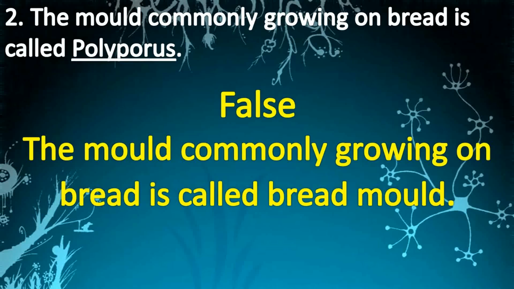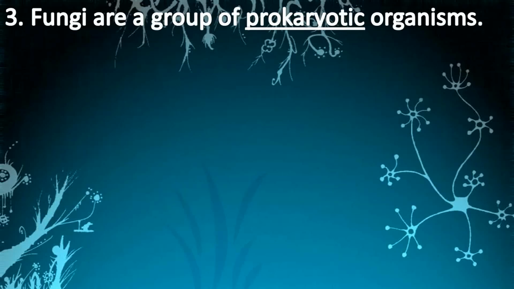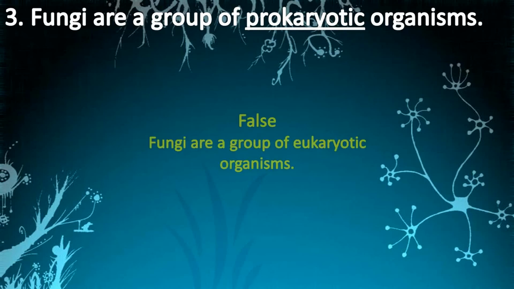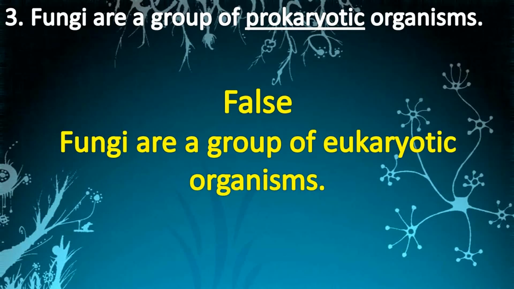Answer is false. The mould commonly growing on bread is called bread mold. Next question. Fungi are a group of prokaryotic organisms. Answer is false. Fungi are a group of eukaryotic organisms.